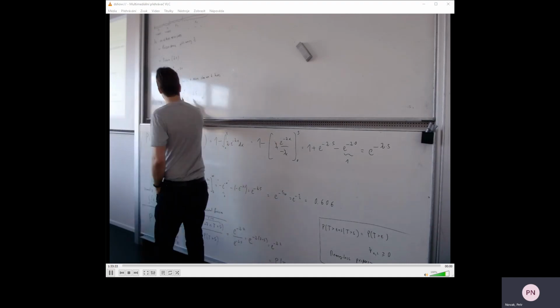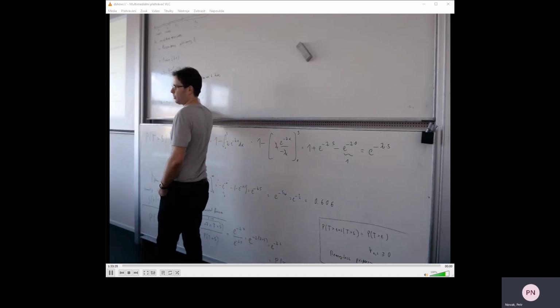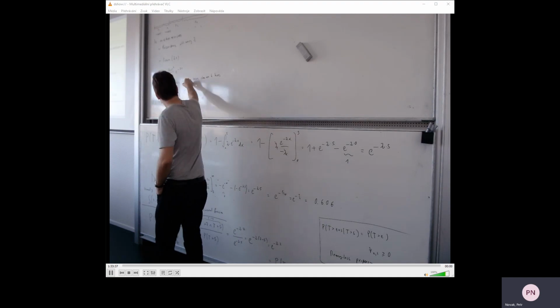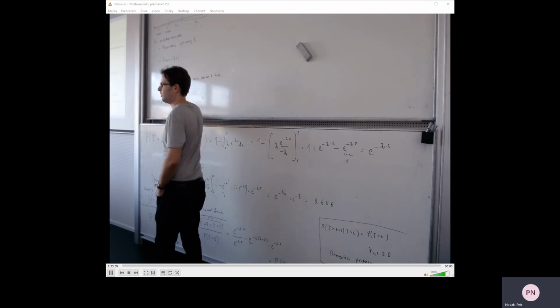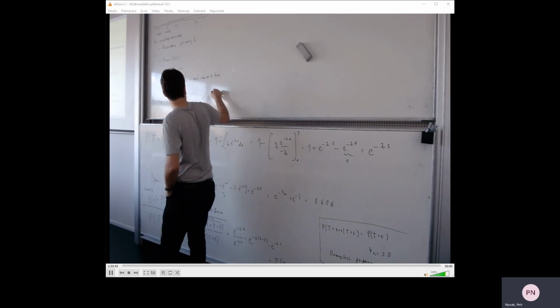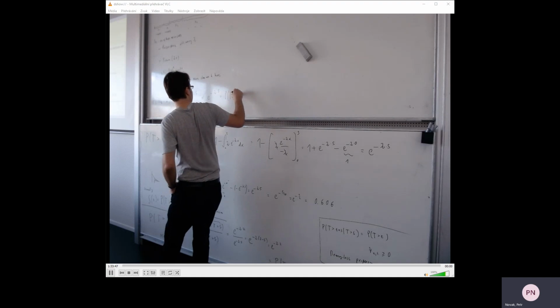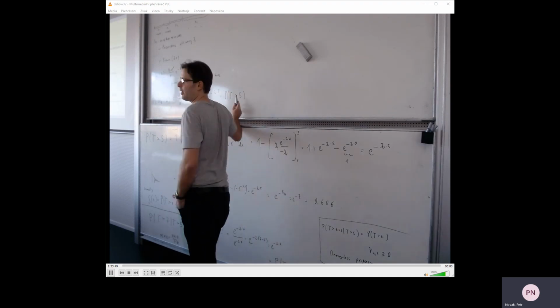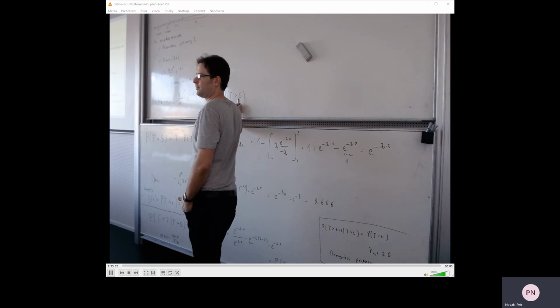What is lambda times 5 to the power of 0? That's 1. 0 factorial is 1. And we are left with e to the power of minus lambda times 5, which is the probability that the first bus will arrive after 5 minutes.